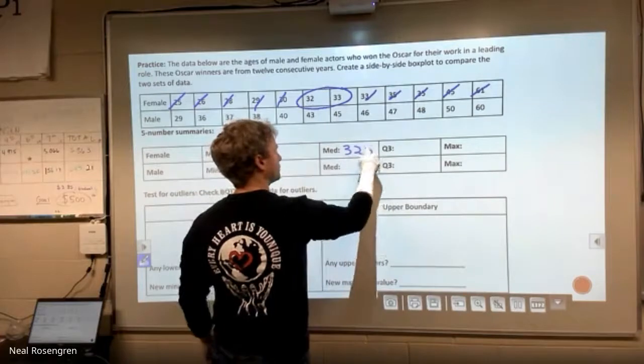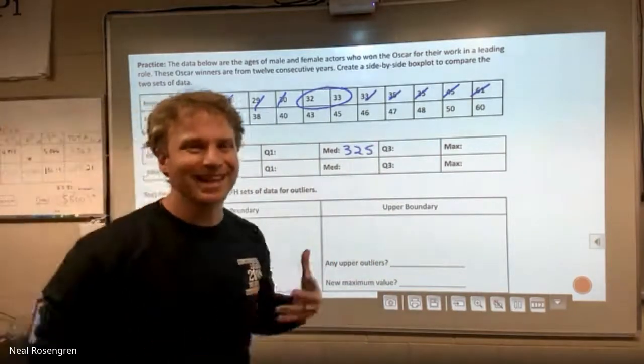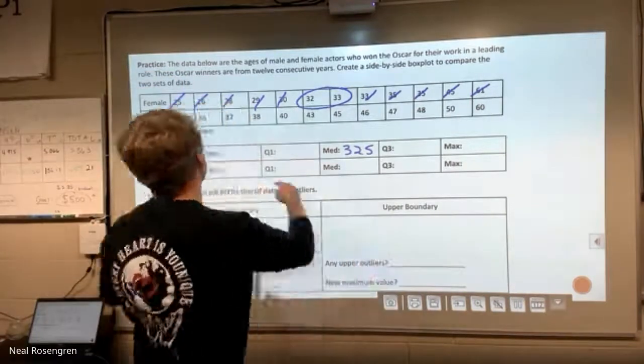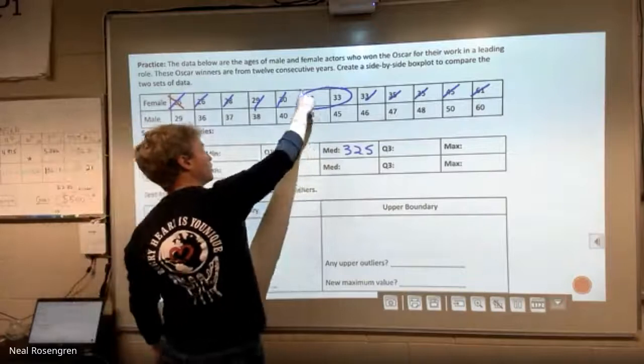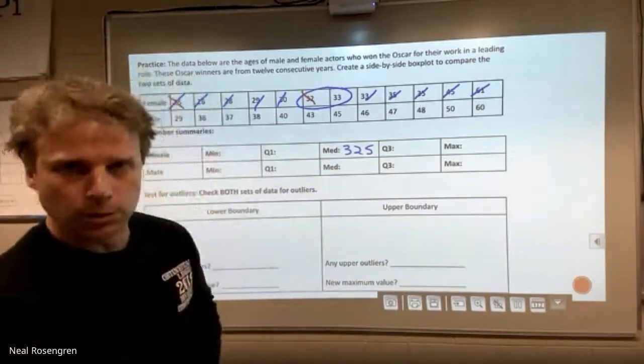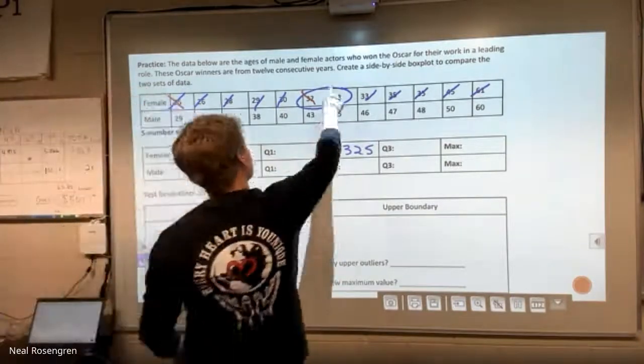And to find Q1, since I didn't actually use 32 as my median, when I cross off 25, I also cross off the 32. If that was my median, then I wouldn't do that. But because I had to average the two, my median is here somewhere, so I got to kind of split the difference.